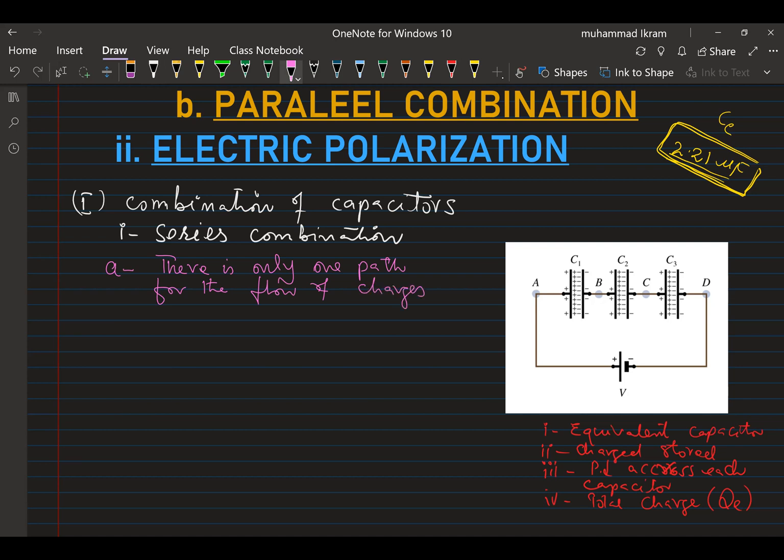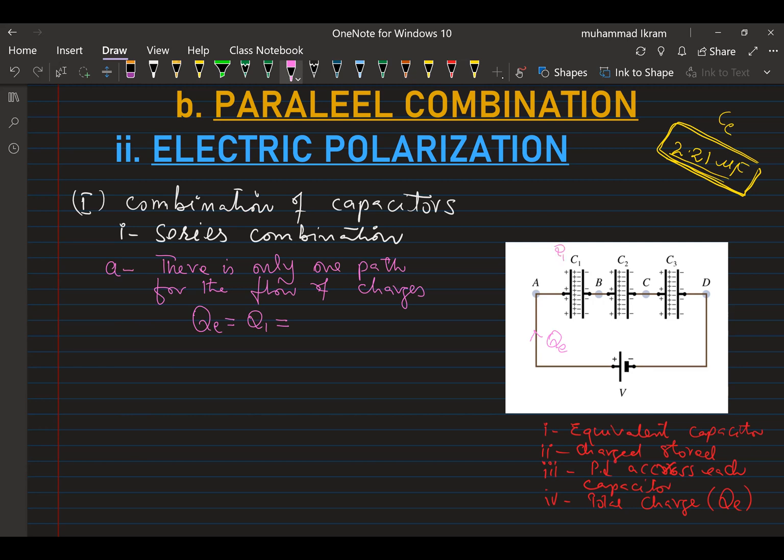If the total charge supplied by the battery is Q, then this total charge Q equivalent will be equal to Q1; the capacitor will also store the same amount of charge.